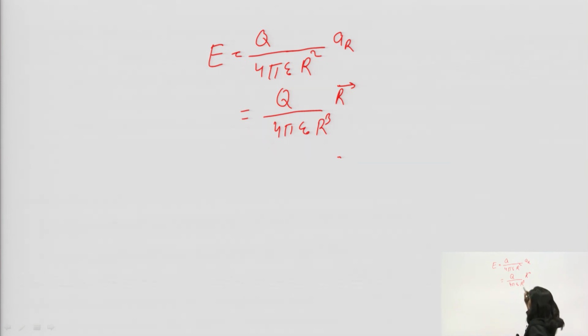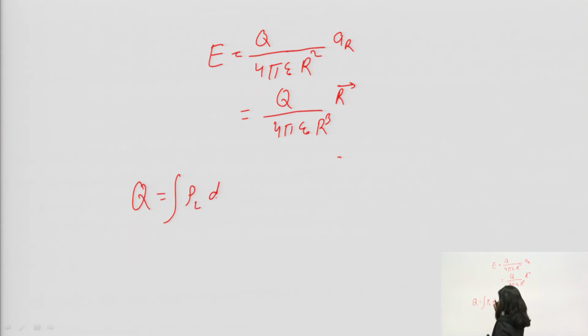Now this is the formula of electric field in terms of distance vector r. If the question is for line charge, you need to replace this q by rho L dl.